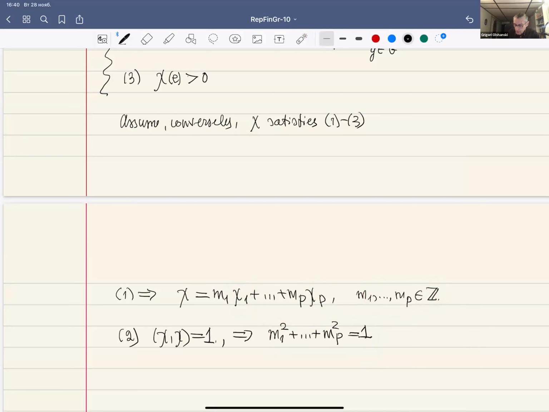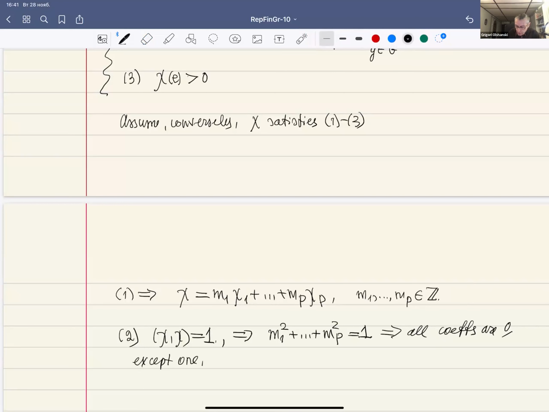So this implies all coefficients are 0 except one, which is plus or minus 1.